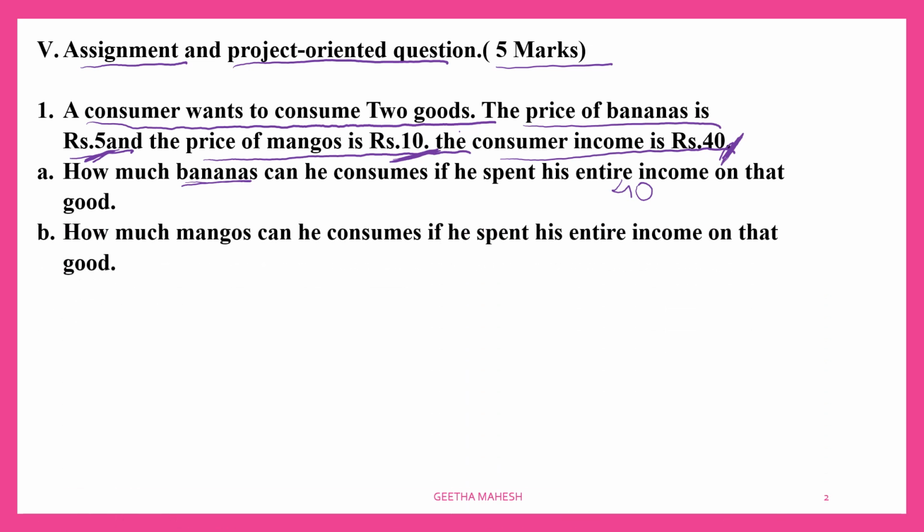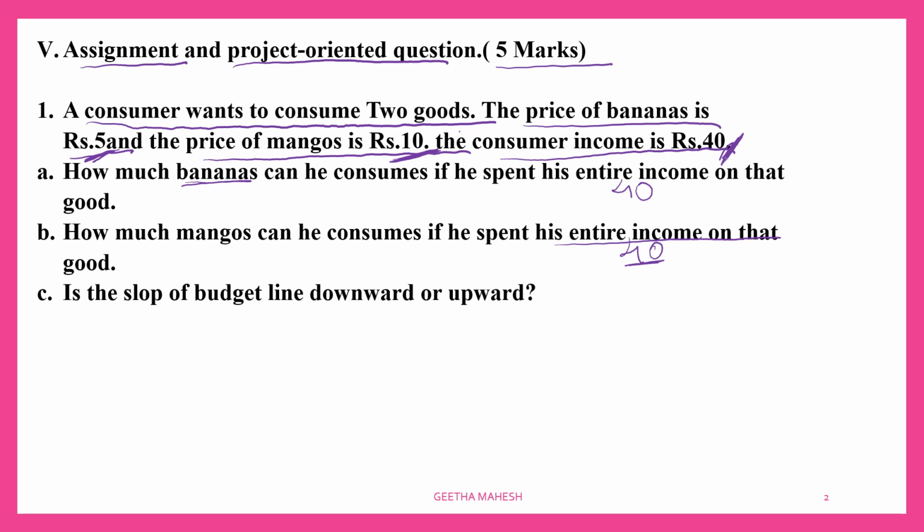Second one, how many mangoes can he consume if he spends his entire income on that good? That means again 40 rupees. If the consumer wants to consume only mangoes and spend the entire income of 40 rupees to buy mangoes, how many mangoes can he buy?